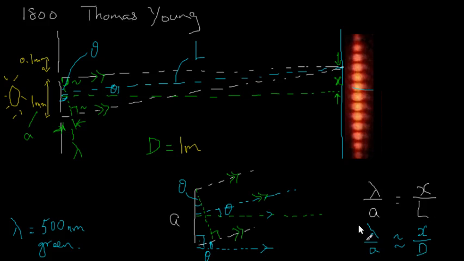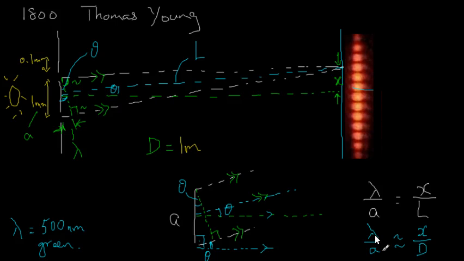So now I have a formula that relates these two. With this formula, I should be able to find x if I know lambda, a and D from these numbers: 1 millimeter, 500 nanometers, and 1 meter. So let me do this now. I want to rearrange this to make x the subject.